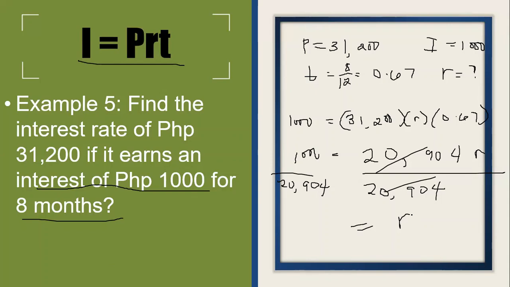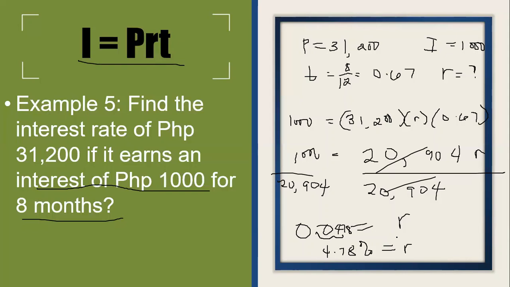So, we have 0.0478. Dahil naka-decimal form po yan, times 100 or move po natin 2 times to the right. So, we have 4.78%.